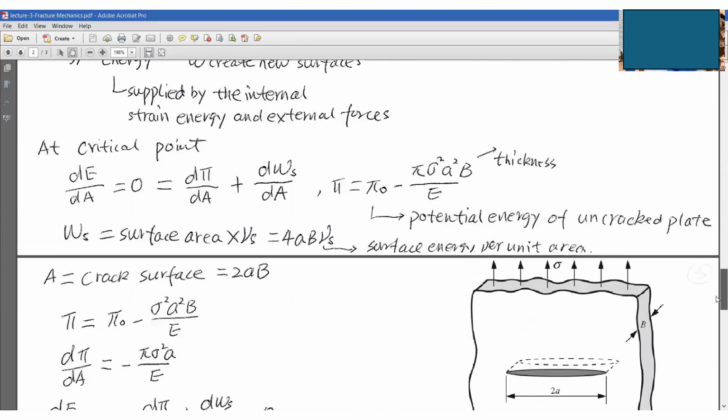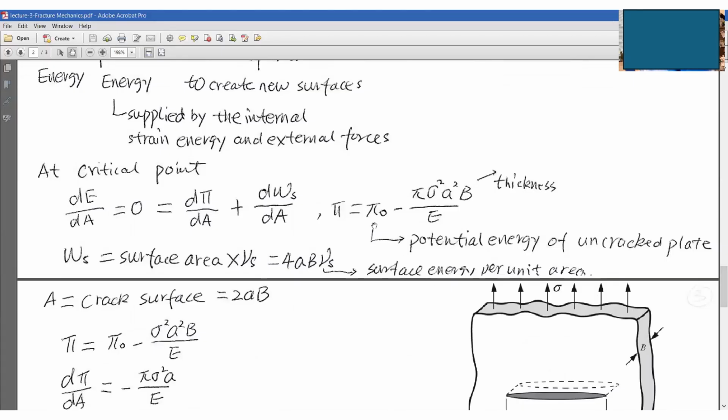We know that the potential energy of the cracked body equals the potential energy of the uncracked plate minus pi sigma squared a squared B over E, where B is the thickness of the plate.